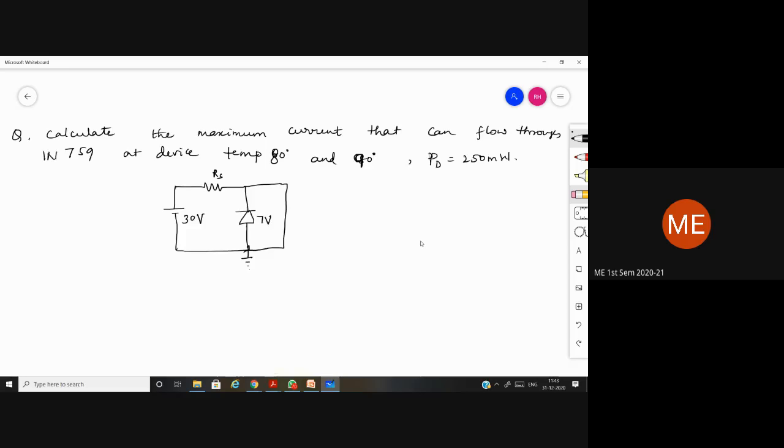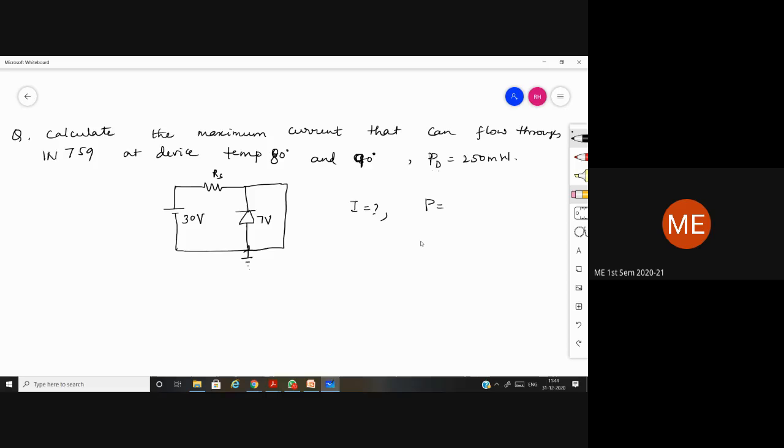So this is 7 volt. Here they're asking the maximum current through the diode. So current through the diode has been asked, and what all have they given? They have given power dissipation.